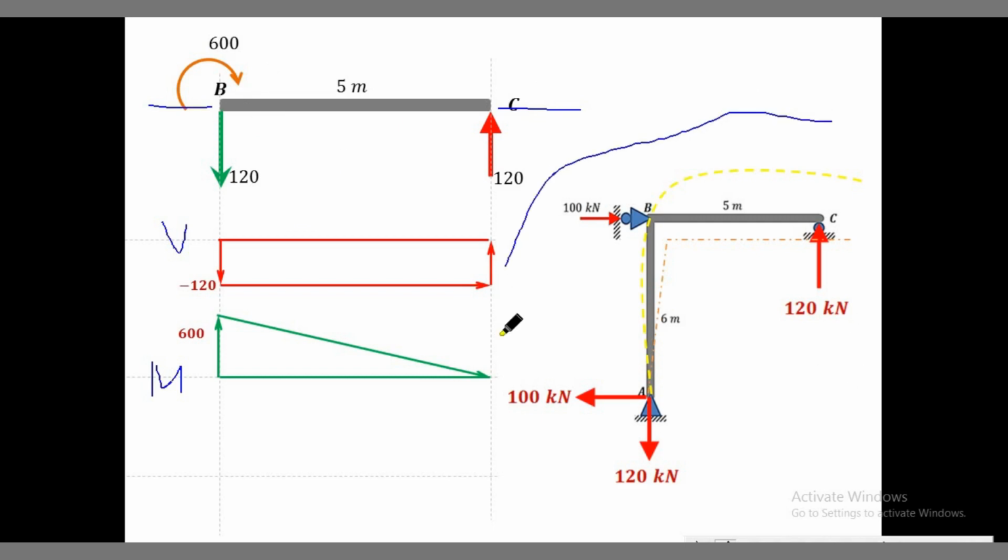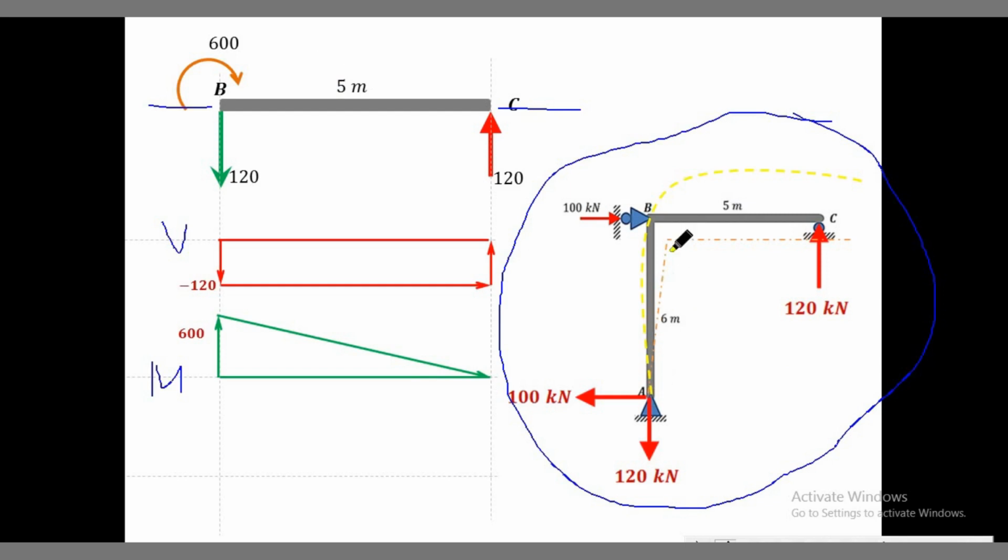So ano tong figure na to dito sa may right side? Ito yung kumbaga deflection or yung elastic curve na tinatawag natin. Ito yung mga possible na deflected shape ng ating frame. So there are two possible deflections for this frame.